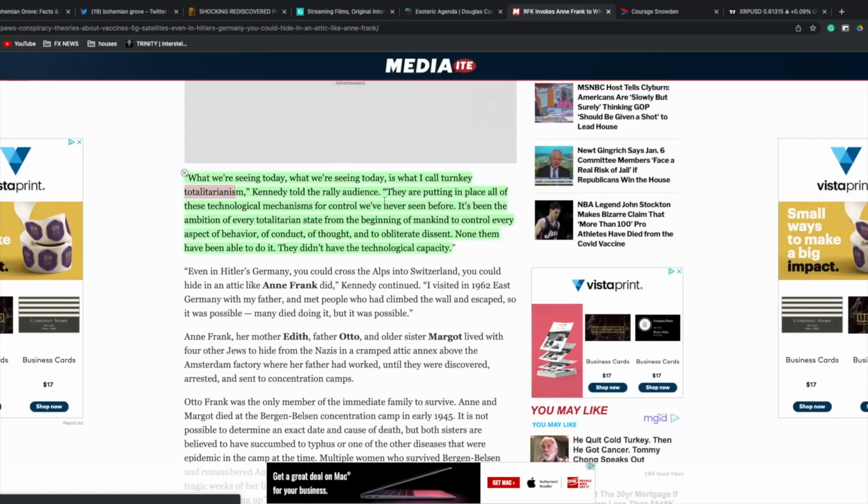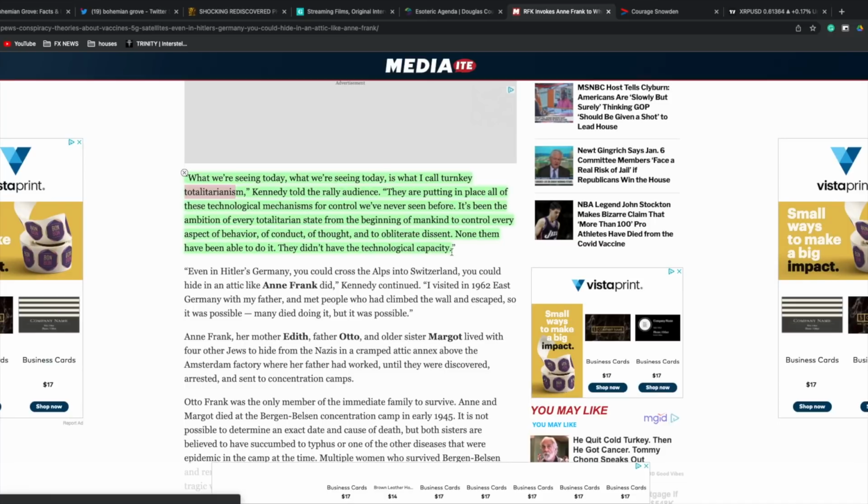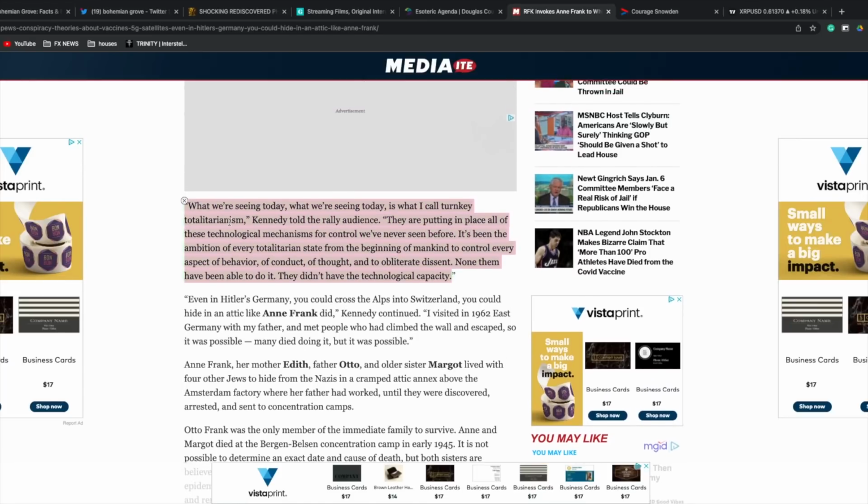Kennedy told the rally audience they are putting in place all these technological mechanisms for control we've never seen before. It has been the ambition of every totalitarian state from the beginning of mankind to control every aspect of behavior, of conduct, of thought, and to obliterate dissent. None of them have been able to do it. They didn't have the technological capacity. This is insane that he said this to a mass audience.